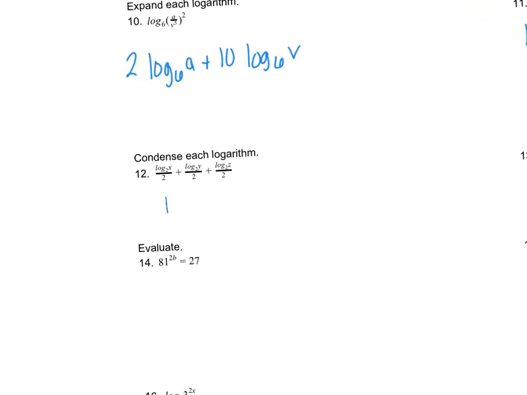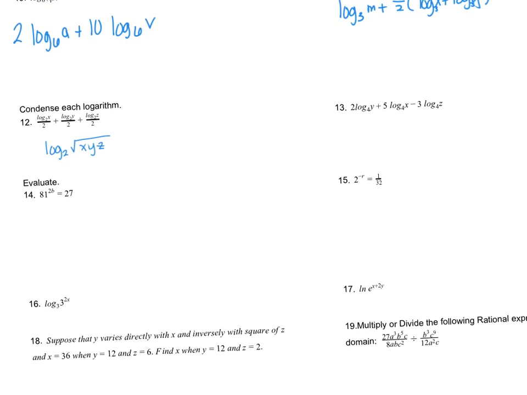Condense log 2 square root x, y, z. Log 4 y squared x to the 5th over z to the 3rd.